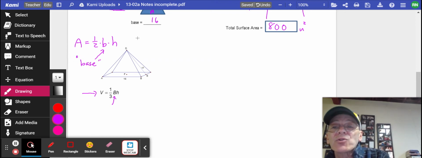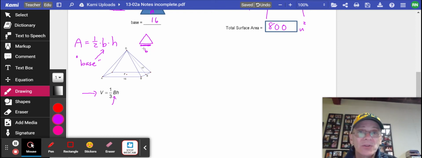But when we're talking about triangles, the base is a length. It's a length measure. It's an edge of the triangle.